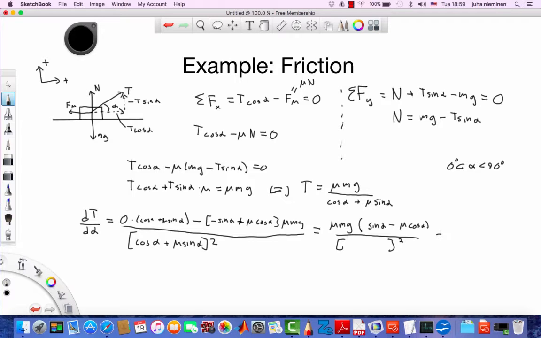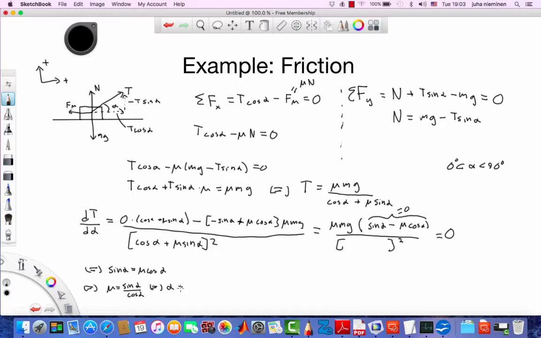And when is this derivative 0? Well, when this one goes to 0. So we get sine alpha equals mu cosine alpha, or mu equals sine alpha over cosine alpha, which is the same as tangent.